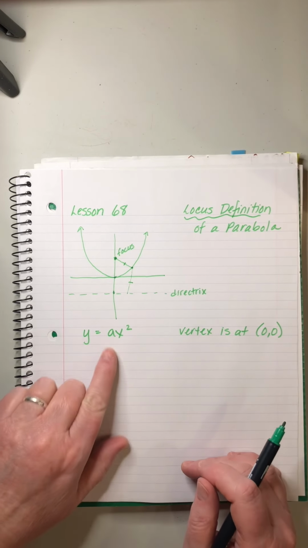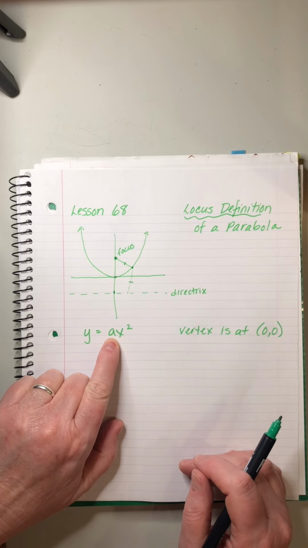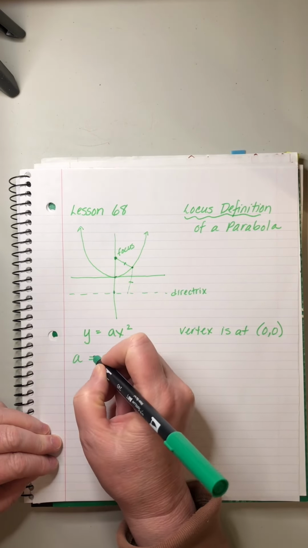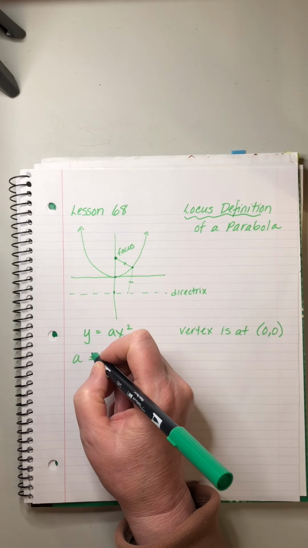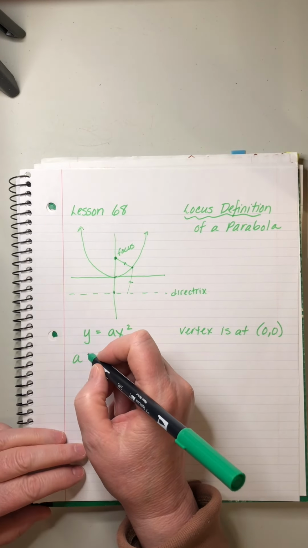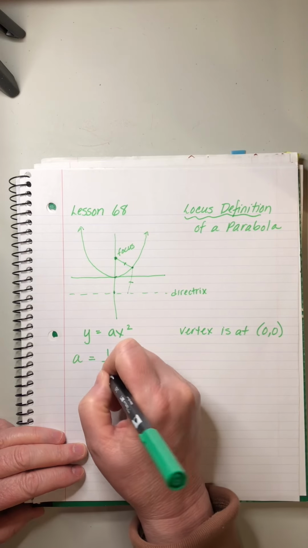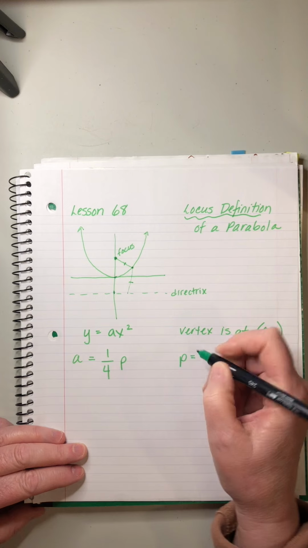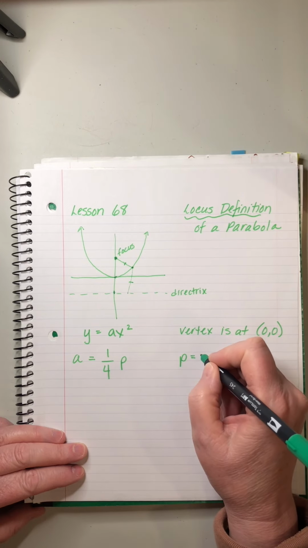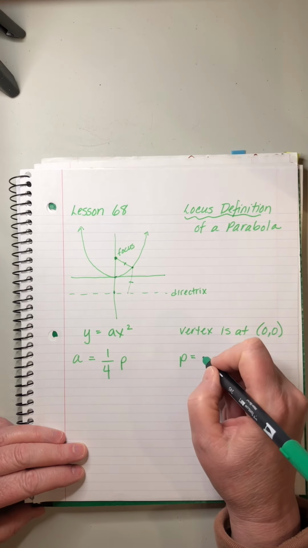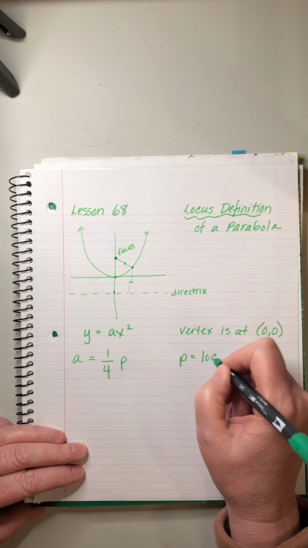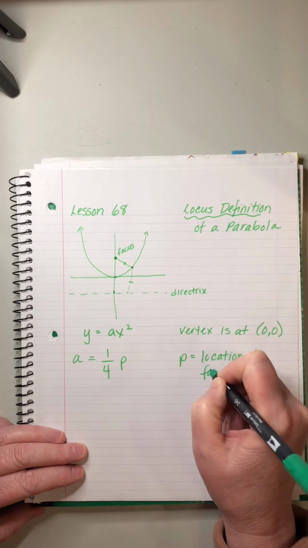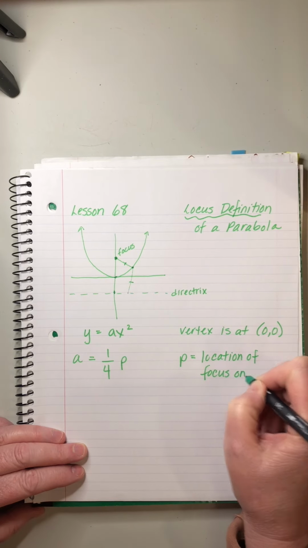What we also can say is that this variable, a, can be calculated as 1 over 4p, where p equals the location of the focus on the y-axis.